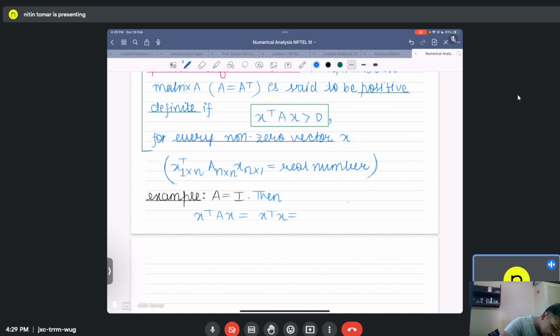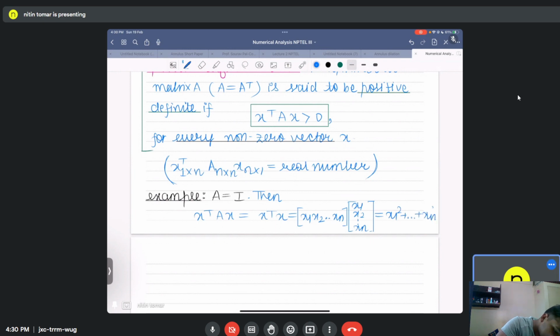Now, if your x is x1, x2, up to xn, then your x transpose will be x1, x2, dot dot dot xn, correct? Now, can you multiply this and tell me what will be the answer? x1 square plus x2 square up to xn square.